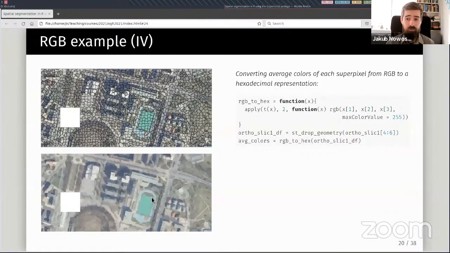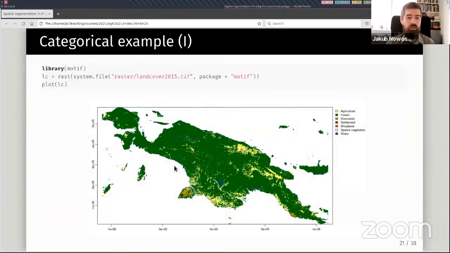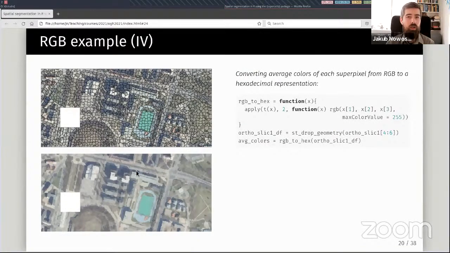So what I've done here, I just wrote a fairly simple custom function to go from RGB to hex, because to plot, I need to have the hex representation, the hexadecimal representation. And this way, I just took those 3 columns with average RGB colors and converted them to hex values. And finally, I used the hex values to create the map.